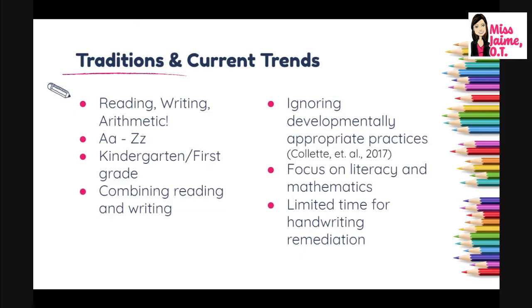We don't want to ignore what's developmentally appropriate. Kids have limited time for handwriting remediation, so we want to attack it in a way that is practical, that makes sense, and that works for our current education system now.